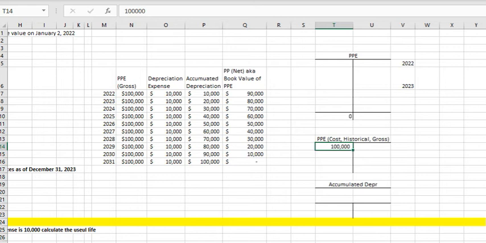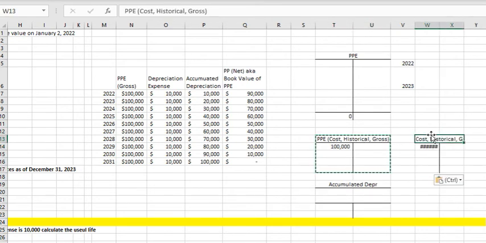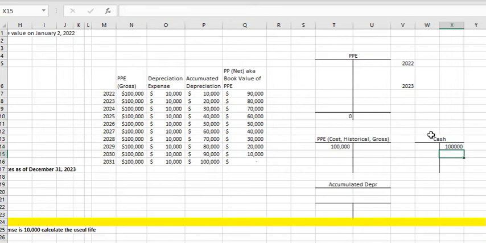We need to credit, depending on whether we buy by cash or by liability. Let's assume we are buying it cash, so it's going to be 100,000. If you purchase it with a bank loan, then this would be a liability account, but the credit entry will stay the same.